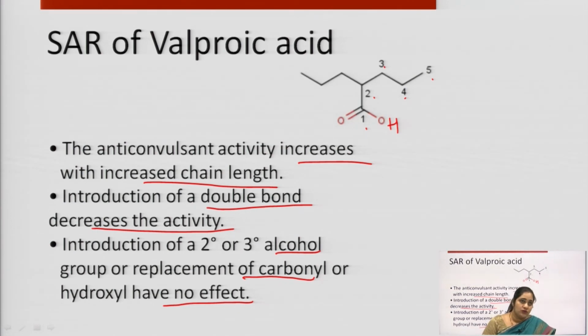If we incorporate any kind of double bond, say here, that will decrease the anticonvulsant potential. Further, introduction of any secondary or tertiary alcohol group, or replacement of the carbonyl or hydroxyl group, will not produce any kind of effect on the activity of valproic acid.